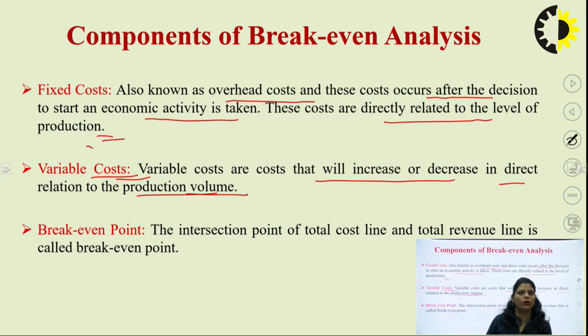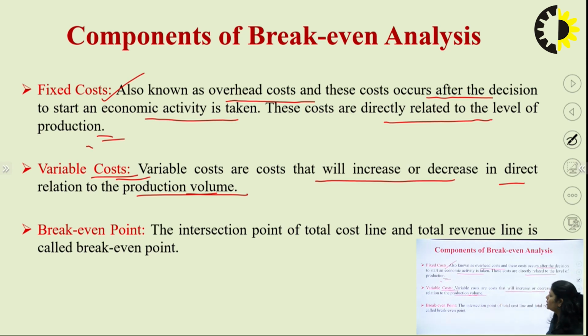As the production volume will increase, the variable cost will also increase. The costs which will come under the variable cost are the raw material cost, packaging cost, shipping cost, fuel and other costs.